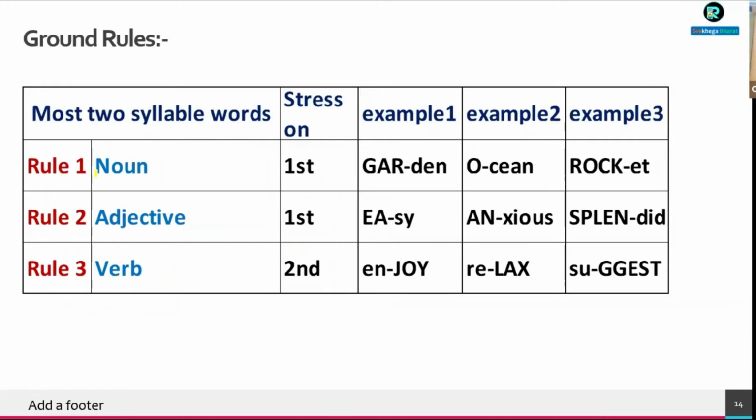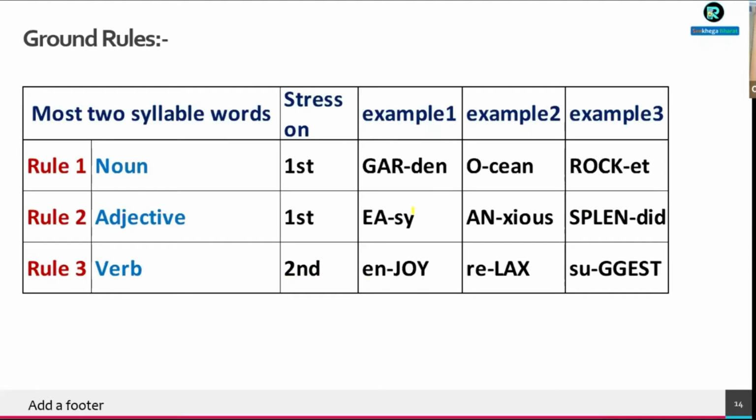Can you see the difference? And had it been a noun, relax and relax, there's a difference. Can you see? So in verb, we have to stress on the second syllable.